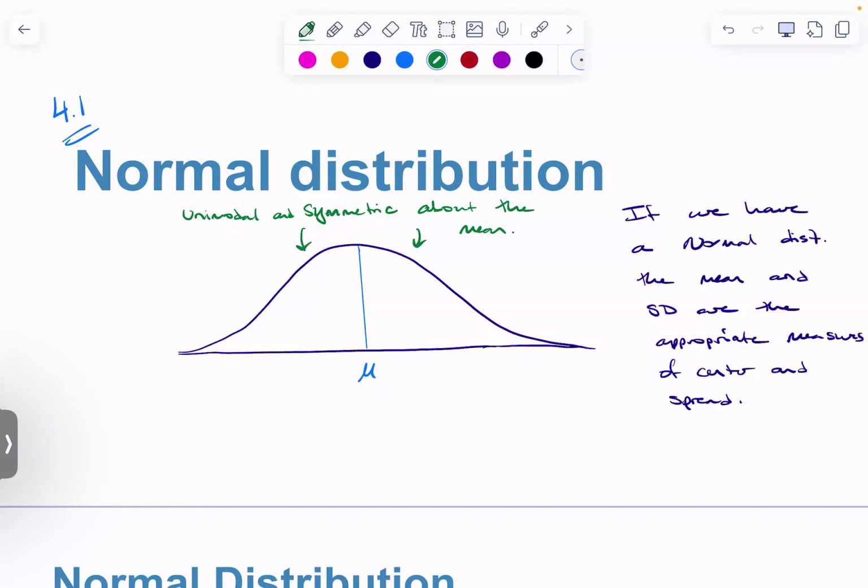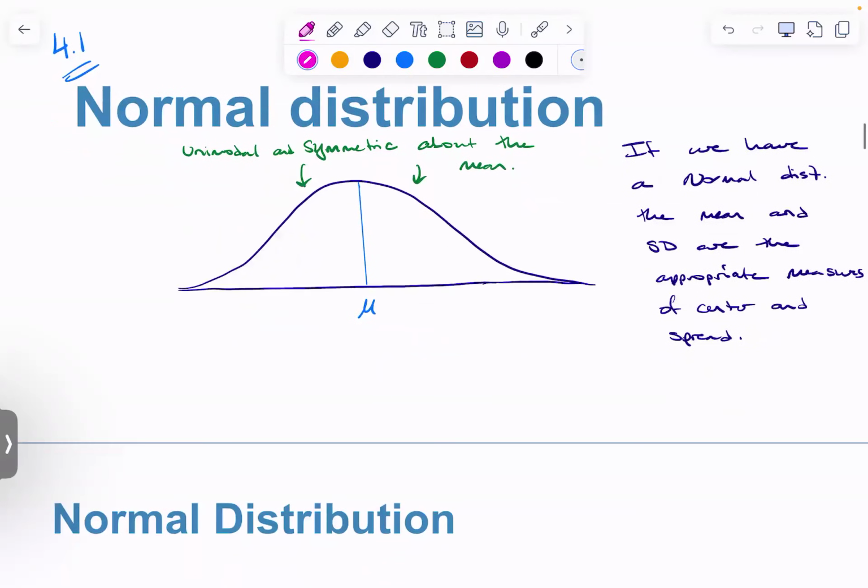Okay, so today we're gonna learn about all the properties of the normal distribution, but kind of a spoiler alert, and also something to keep in mind as we go through this. The reason we use the normal distribution is because here, just as we saw earlier, the areas under the curve are probabilities.